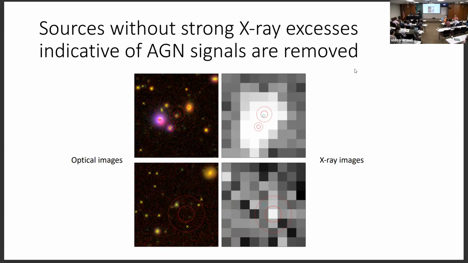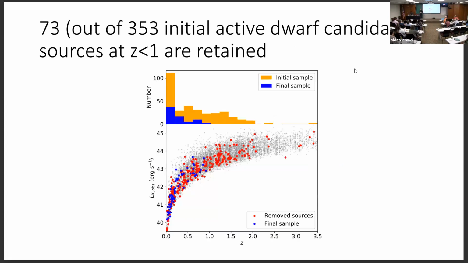So with this criterion, we now have 73 active dwarf galaxies, and here I'm plotting the X-ray luminosity versus redshift, and the background gray points are general X-ray sources, and these red points are those sources removed from our candidates, and the blue points are our final sample.